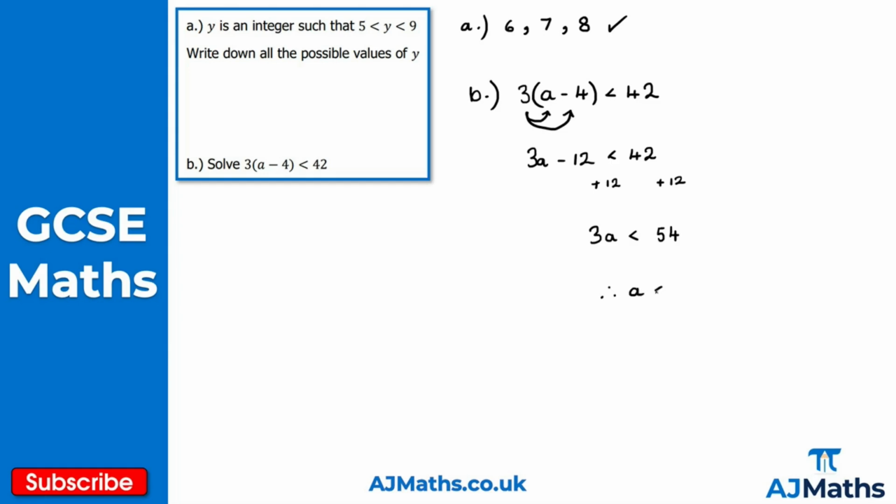Therefore a is going to be less than 54 divided by 3. So 54 divided by 3 gives us 18. So a is strictly less than 18 there. Okay. And there we have it. So that's the solution to B. That gives us the solution to question 3.